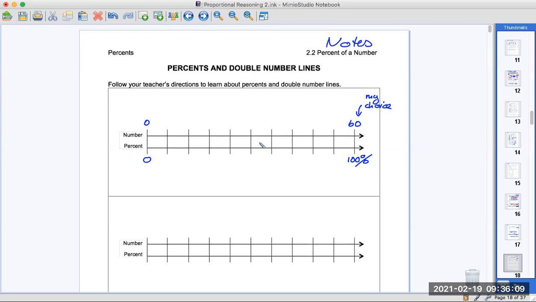Okay, so now let's decide what's half. 50%, right? And that would make half of 60 is 30. And then I have 1, 2, 3, 4. So I have 5 different chunks. So I'm going to call each one 10, 20, 30, 40. Don't forget the percent.